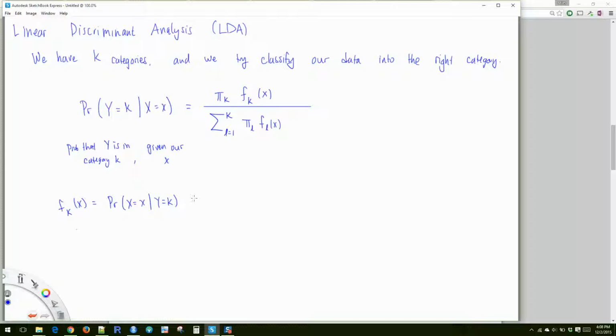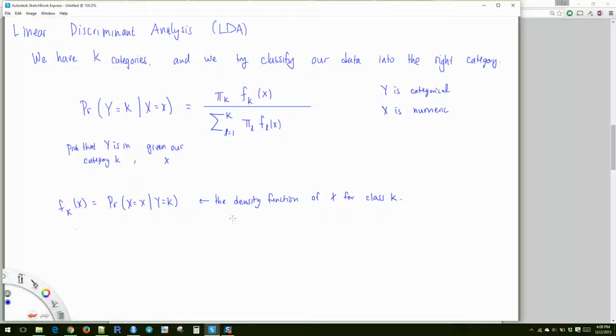So this is the density function of x for class K. Just a reminder, y is categorical in K categories, and x is numeric, right?